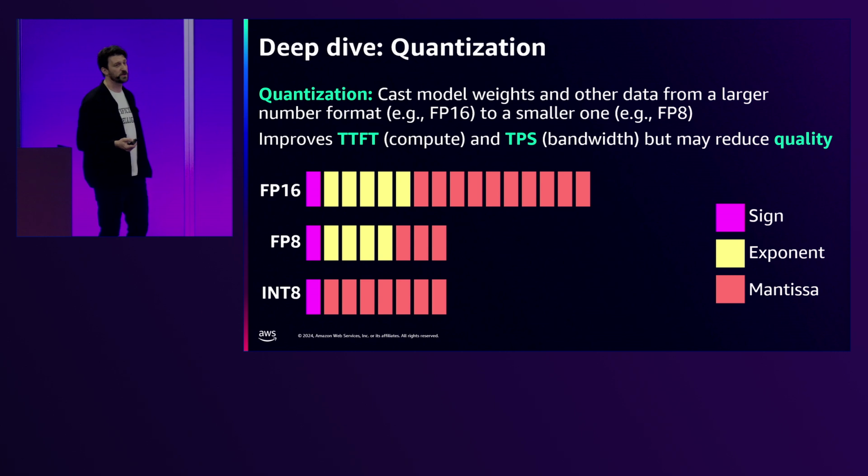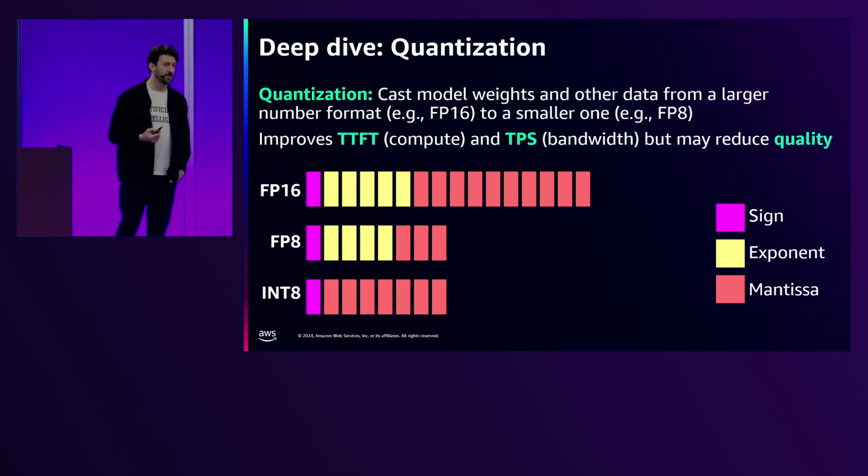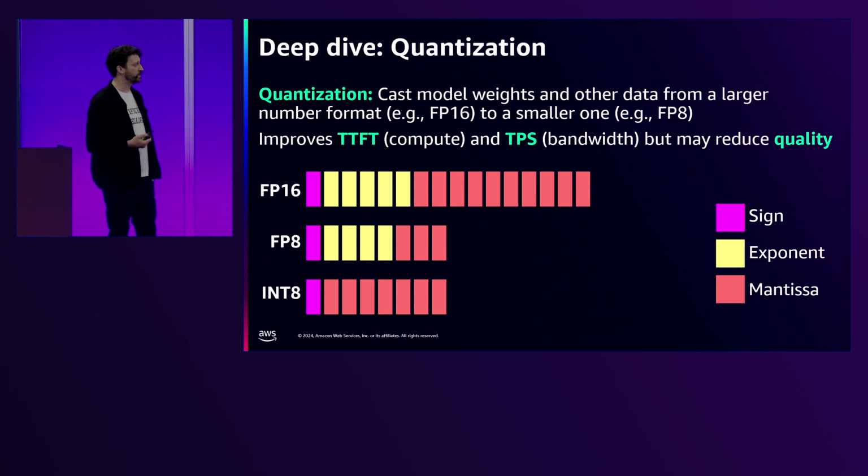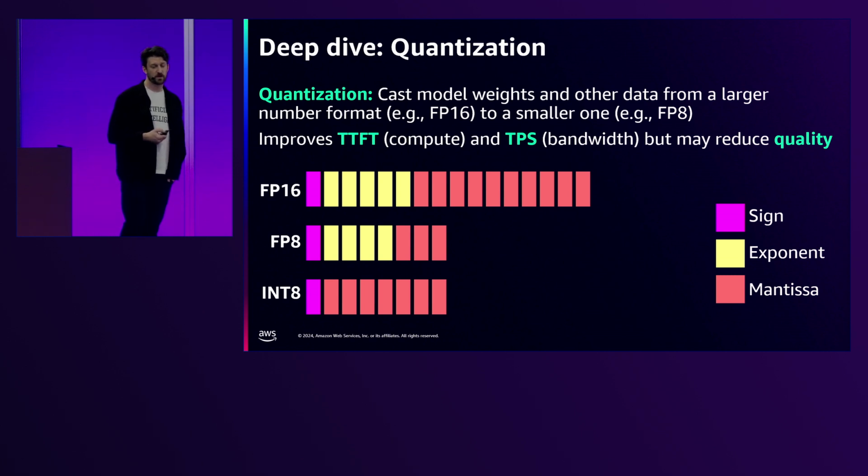We take high precision numbers, 32-bit, 16-bit numbers, and replace them with smaller ones, like an 8-bit number. For example, FP8 or int8. And what does that actually mean? It means that on the GPU, we're doing lower precision arithmetic. We're also going to be much more memory bandwidth efficient.